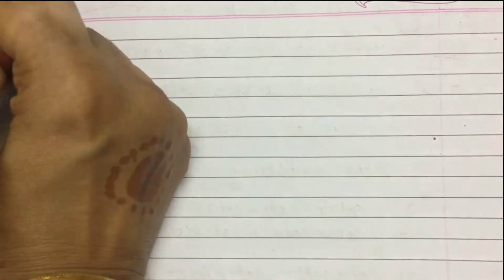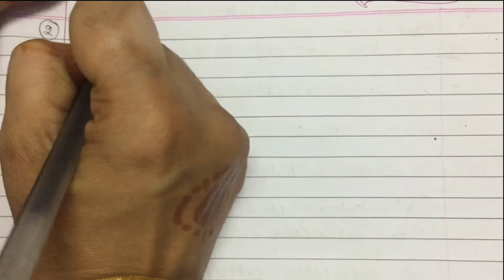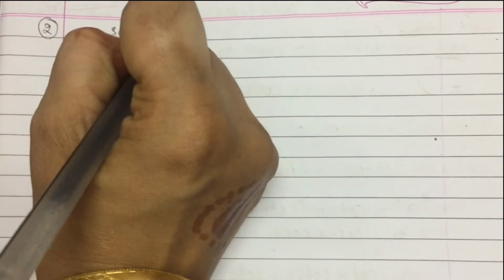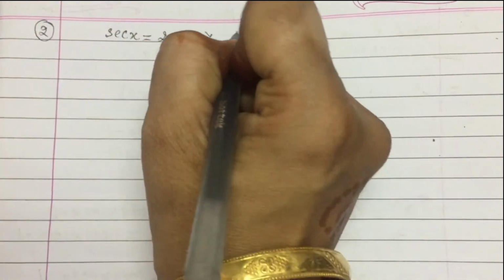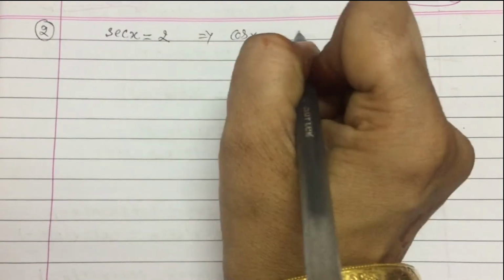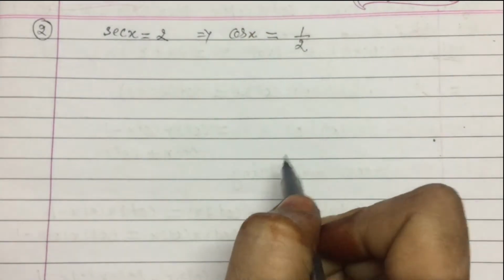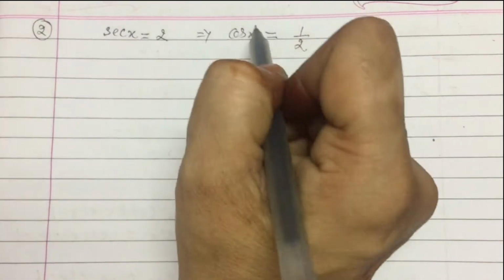For the next question, here it is given sec x is equal to 2. So first from here you find cos x is equal to 1 by 2. Here cos x is given positive.